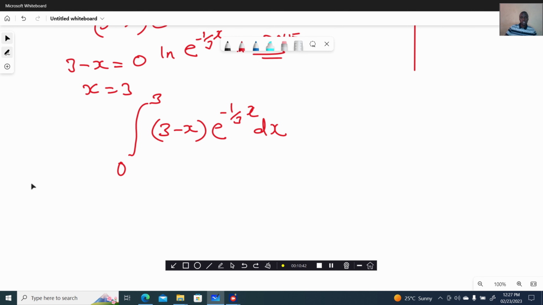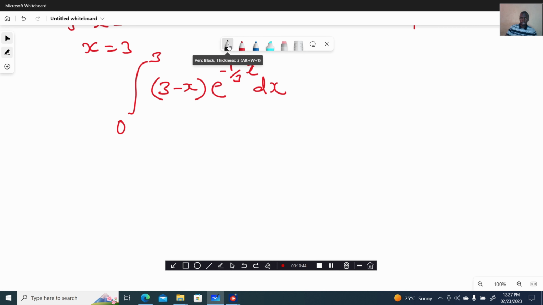Now let's get our indefinite integral. That's 3 minus x and then e to the power of negative 1 over 3x.